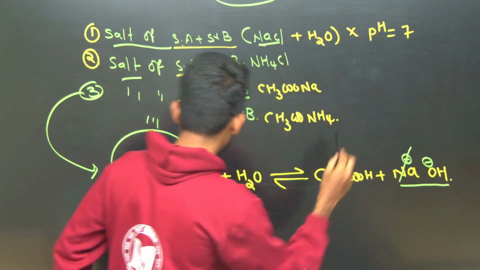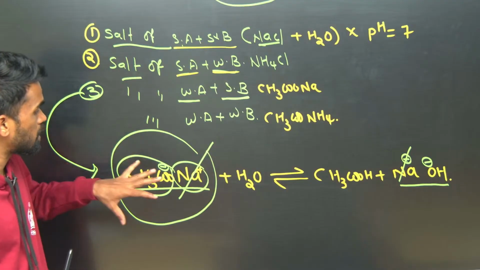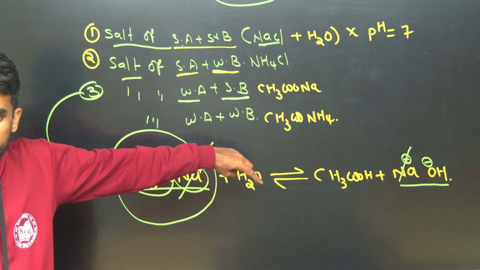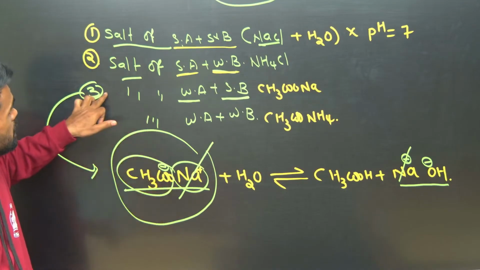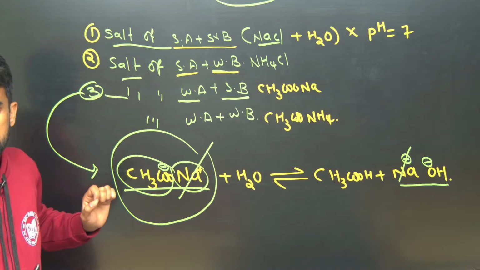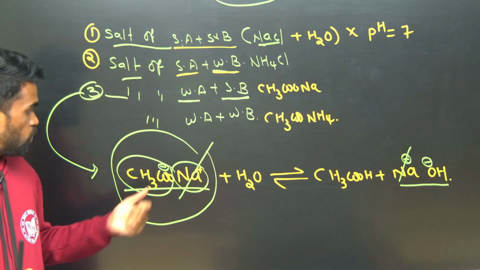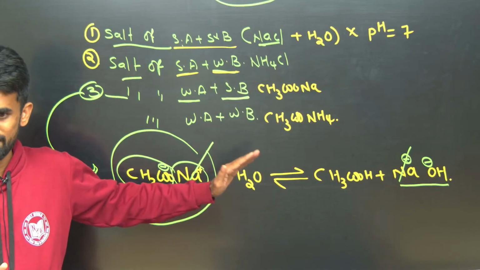These spectator ions like Na plus are removed. So now what part of this salt is involved in the hydrolysis process? Only the anionic part. So you should say this is an example of anionic salt hydrolysis. Is this clear or not?